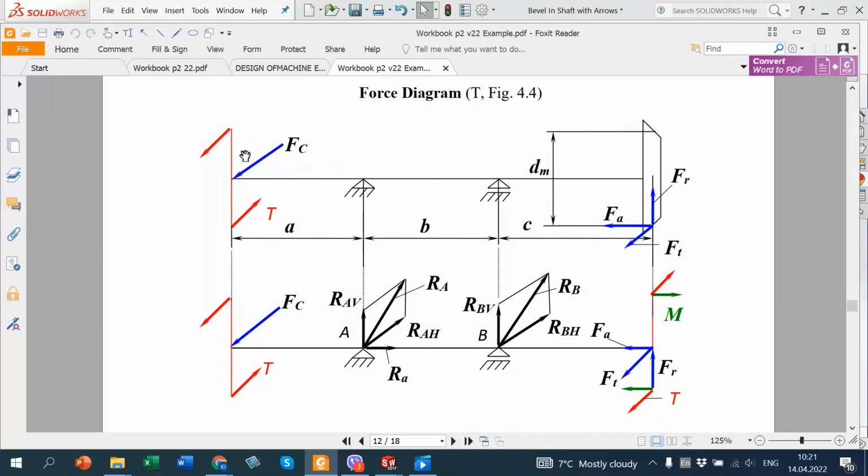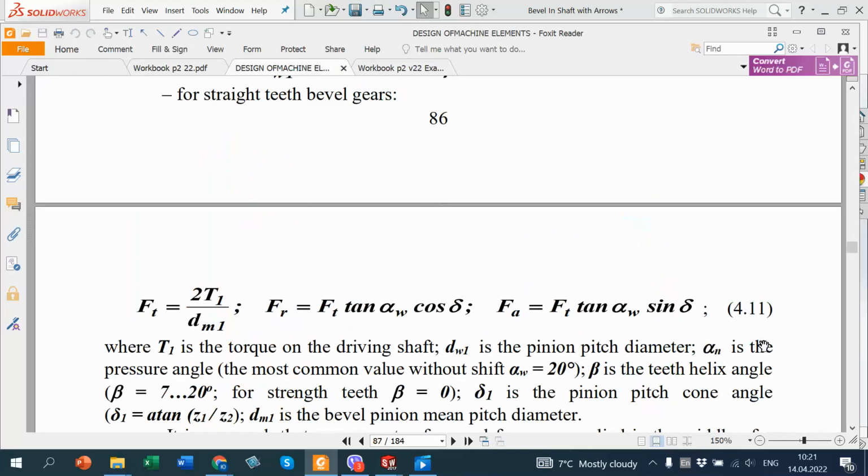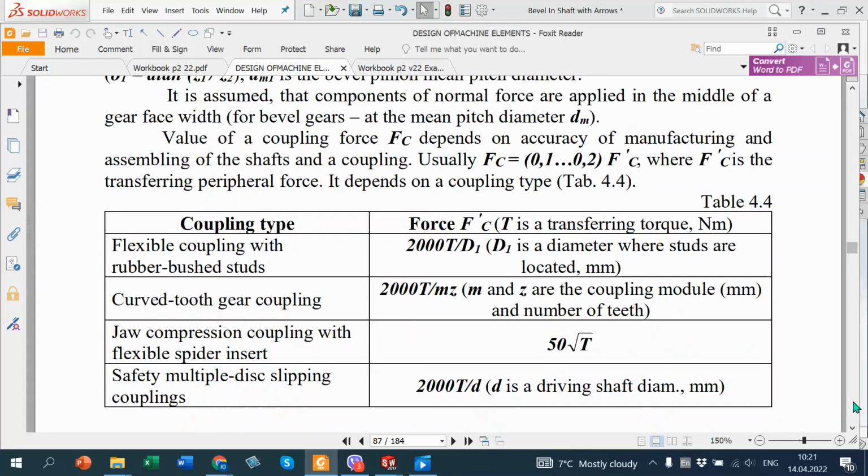So this force may be calculated according to this table.